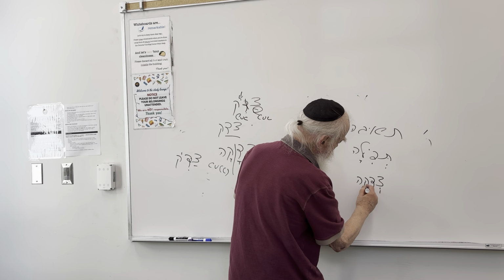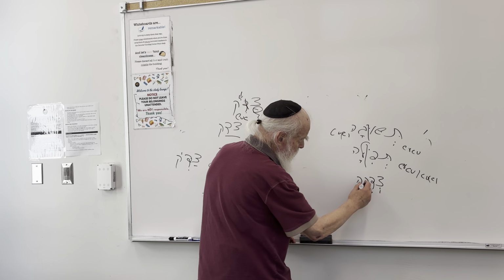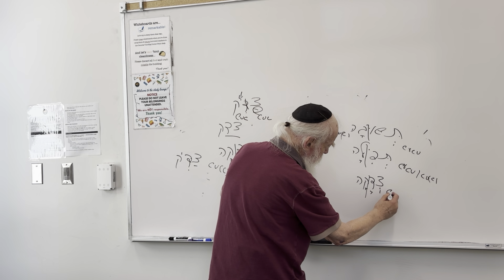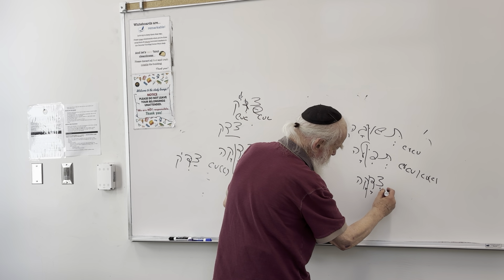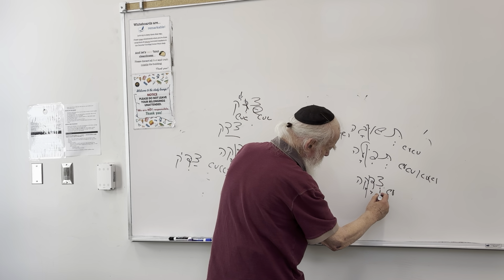The word tefillah, as I write it on the board, CCVC, right? Second syllable is CV with the C in brackets for the last letter hey. Then tzedakah is CCV, CV, with C in brackets.